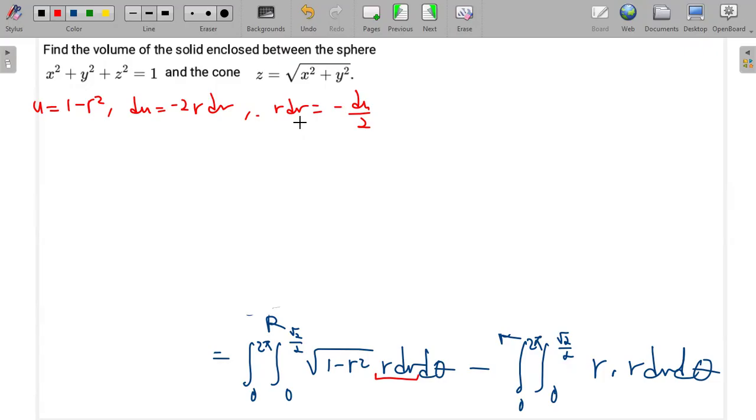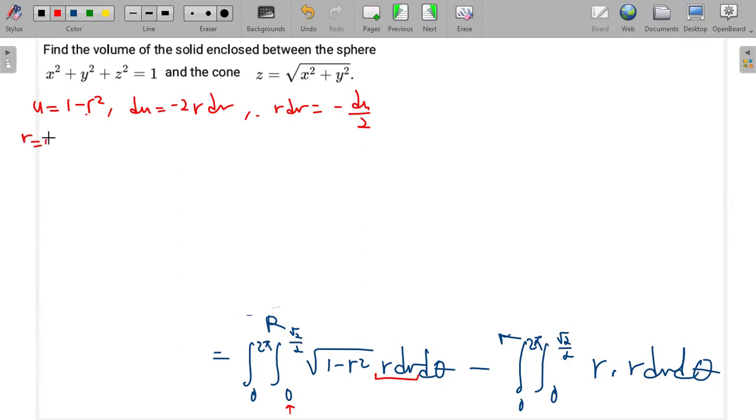All right, and then what else am I going to do? I'm going to change the limits. Since u is equal to this, the first limit becomes, because I'm considering these limits for r.